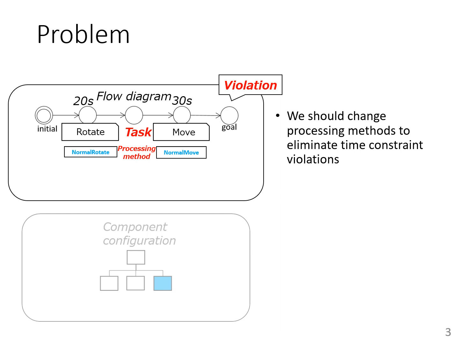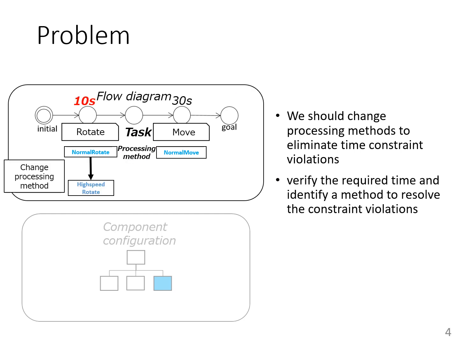Here we have a simple flow diagram of a robot, where the rotate action takes 20 seconds and the move action takes 30 seconds. Now suppose this flow violates a time constraint. To satisfy the constraints, the processing methods in the flow diagram are adjusted.